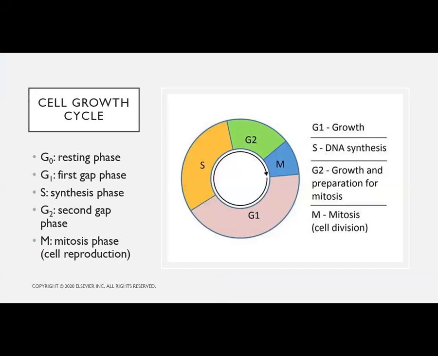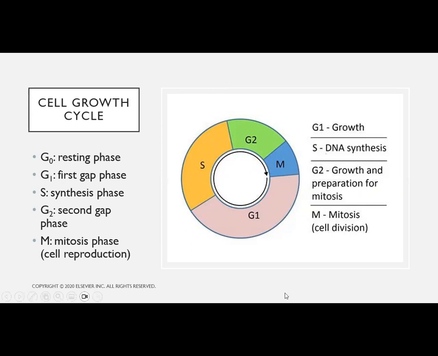So this is the cellular growth cycle. The reason I talk about this is because this is where our different antineoplastic medications actually have their effect. We've got G0, resting phase, G1, first gap phase, S, synthesis phase, G2, second gap phase, and then M is mitosis phase, cell reproduction.